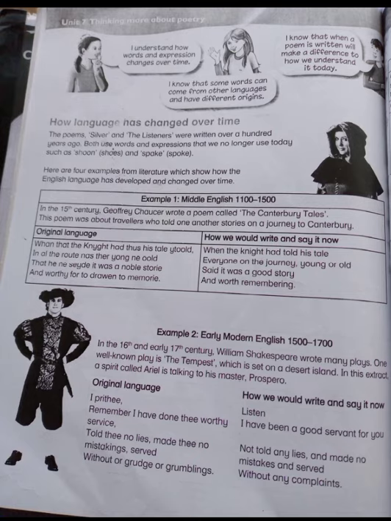So that is how language has changed over time. The poems Silver and The Listeners were written over 100 years ago. Both use words and expressions that we no longer use today, such as shoon, which means shoes, and spake, which means spoke. Look, you're putting on good shoon. It's more like putting on good shoes.